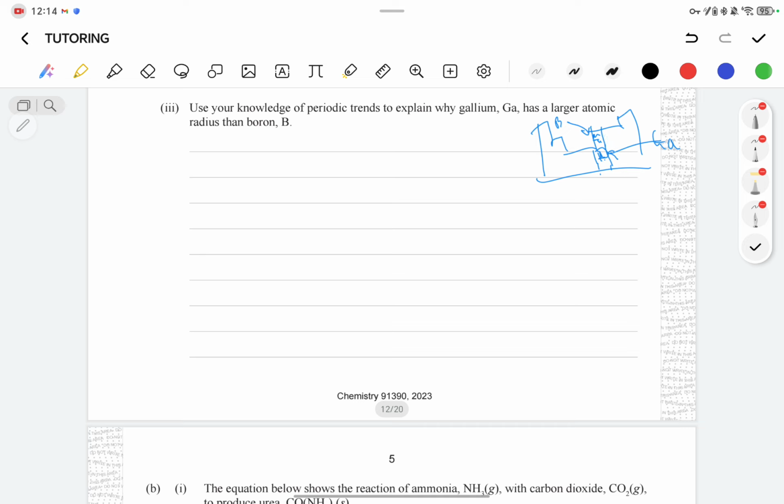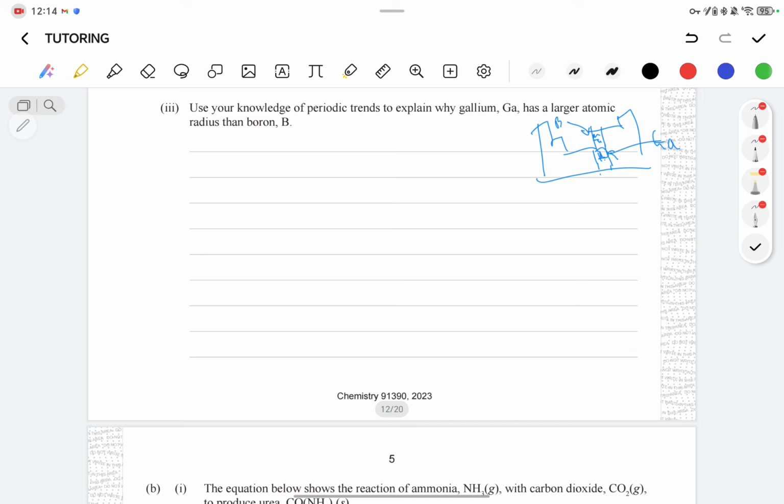The valence electrons will be added to an energy level which is further from the nucleus, since this has more energy levels. This means that gallium will have increased shielding than boron because it's further away and has more energy levels. That's indeed correct.